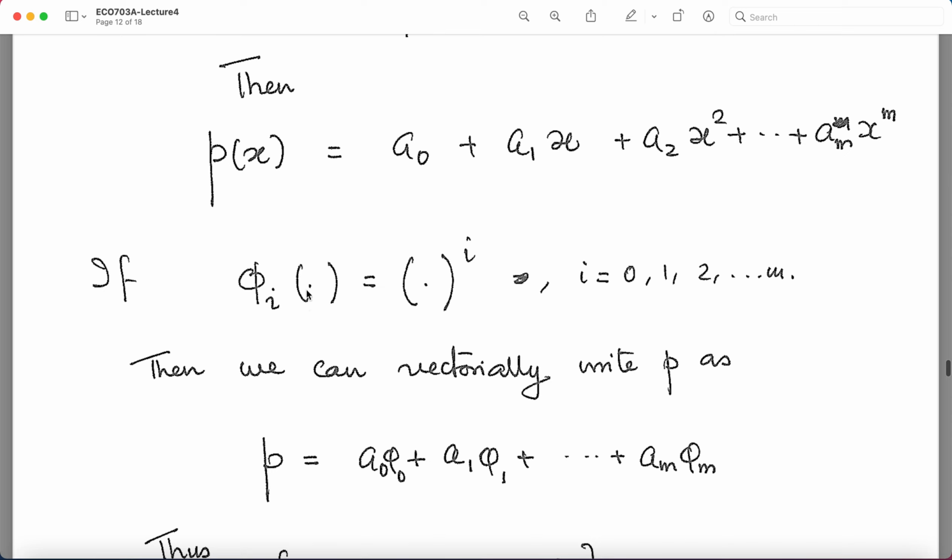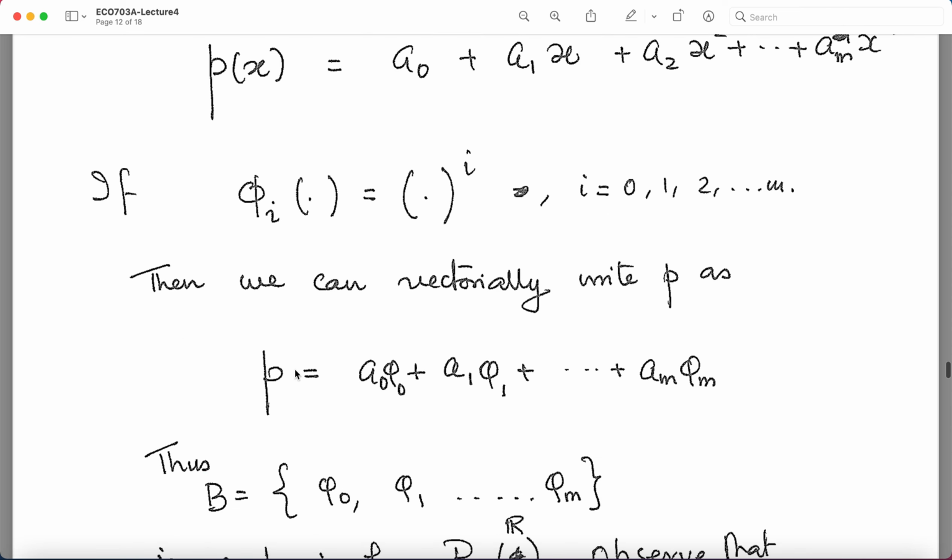I construct polynomials: phi_i(x) would be x to the power i. So phi_0(x) is equal to 1, phi_1(x) is x, phi_2(x) is x square, phi_3(x) is x cube and so forth, and phi_m(x) is x to the power m.